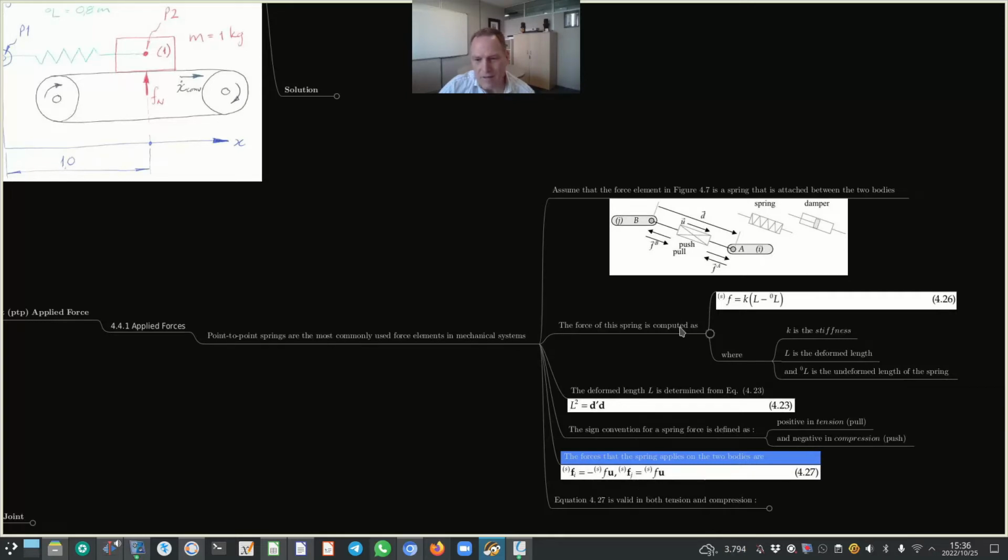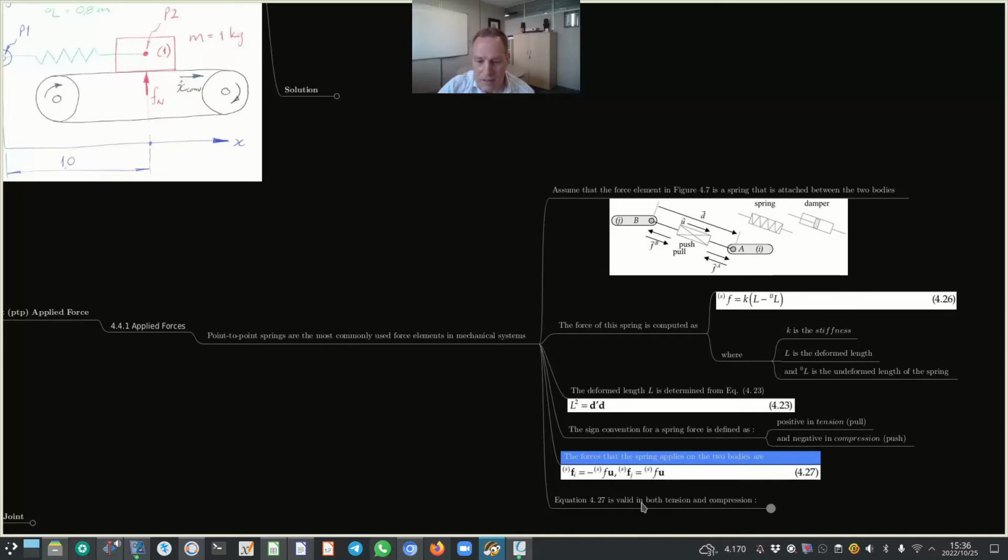Okay, now similarly, imagine this force element being a spring is pulling on body J. It will mean that the spring force acting on body J is in the same direction as unit vector u, because the spring is pulling on body J. Hence, the spring force on body J equals the magnitude of the spring force multiplied by the unit vector u.